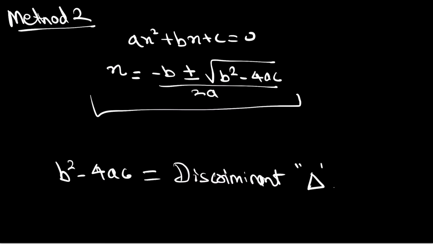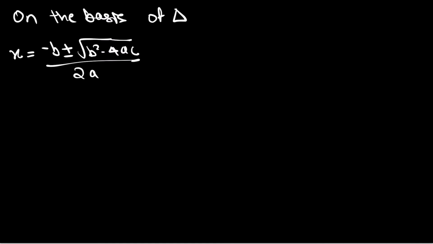Now on the basis of delta, I'm going to write the formula once again here. x equal to minus b plus minus under root b square minus 4ac by 2a.